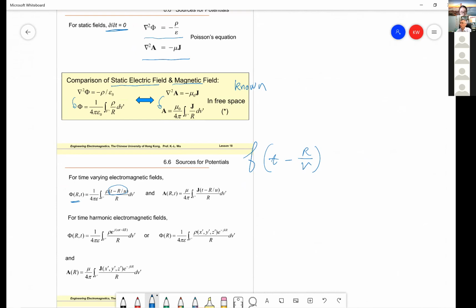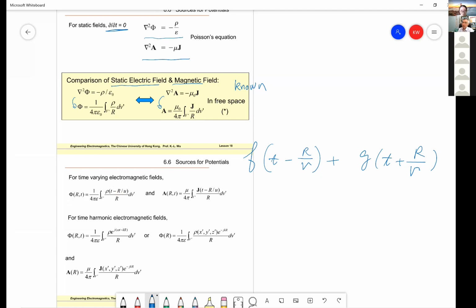And then you can say plus an arbitrary function g, right? If propagating in another direction. Do you remember? We had a solution for the Maxwell equations in general, right? So we have these two waves. So if I only concern the wave propagating outward from this point, in the r direction, I just write it in this form.